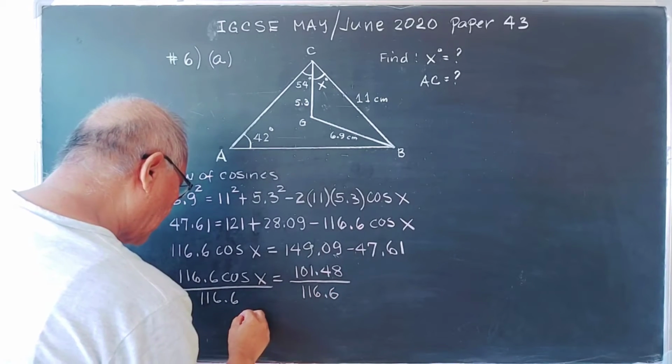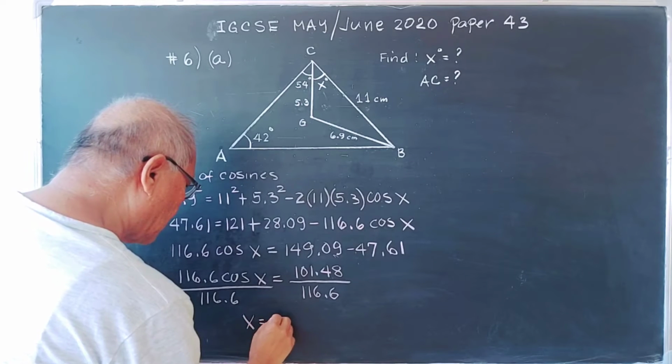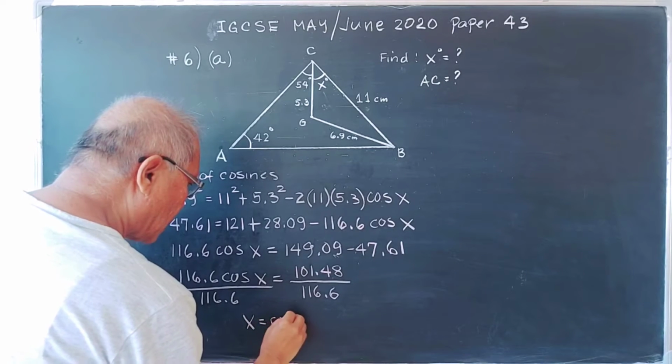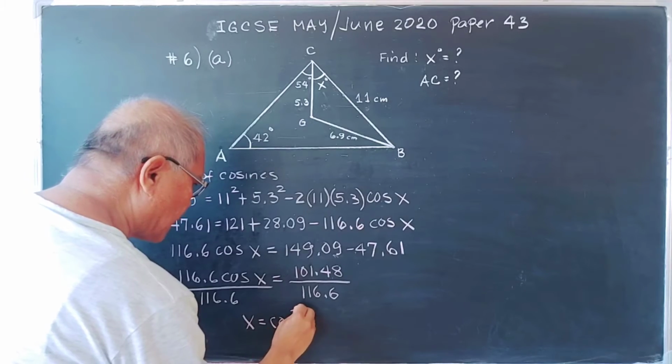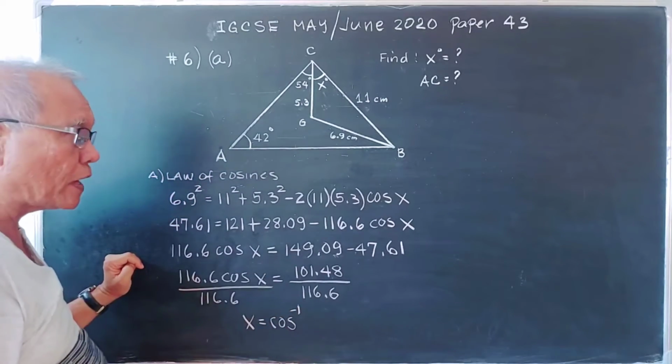So our X is equal to arc cosine, cosine negative 1.